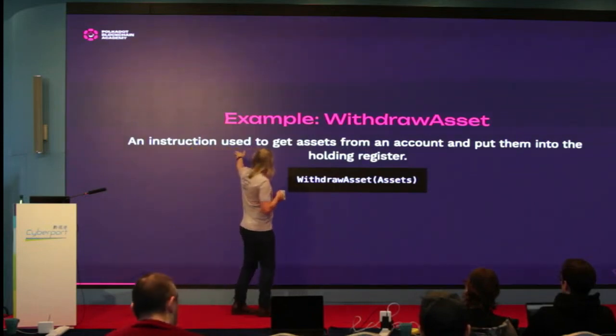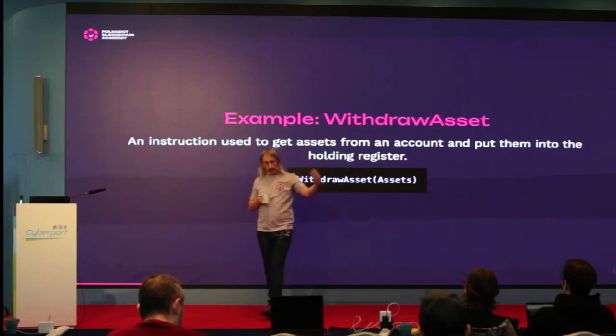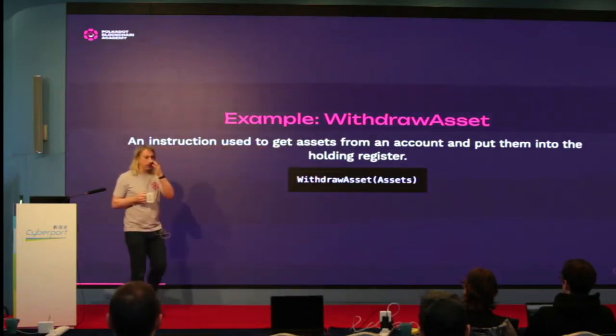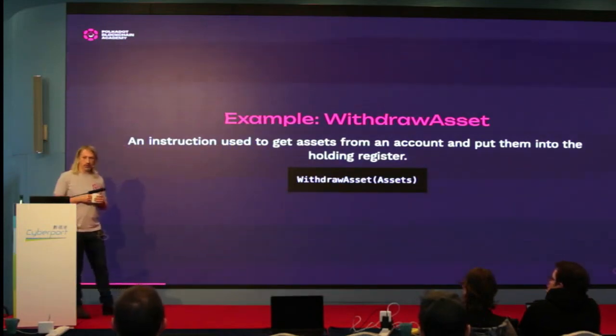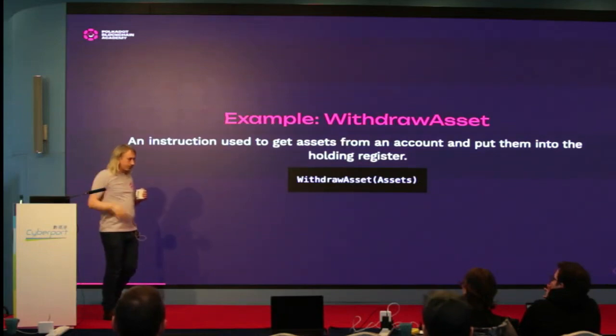So it's used to get assets, take them out of an account. By this, what we mean is some pallet on chain is going to change its state, right? Maybe it's got an account ID to balance map.